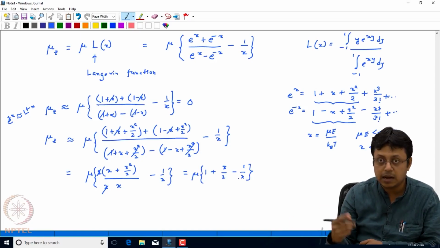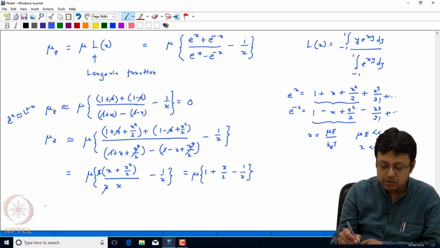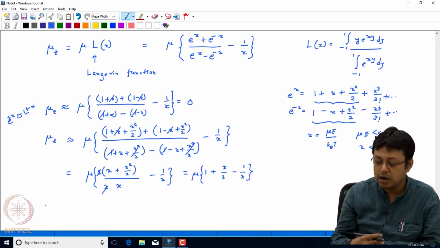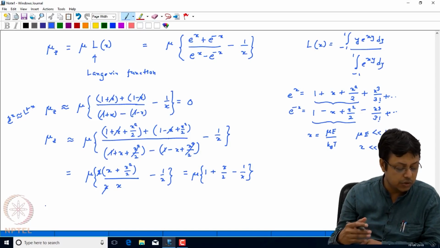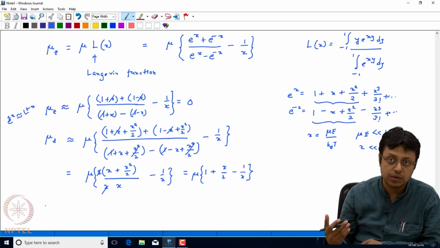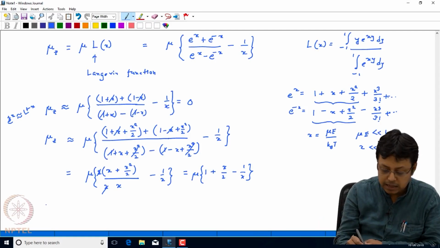We have to probably take another function, so that way you can actually work out the overall value of the Langevin function. So you can show that we can actually get a leading order term for the Langevin function, and that value will be nothing but 1/3 of x.